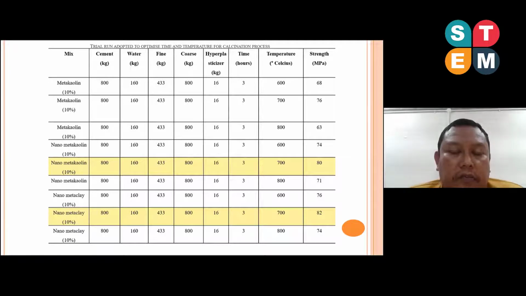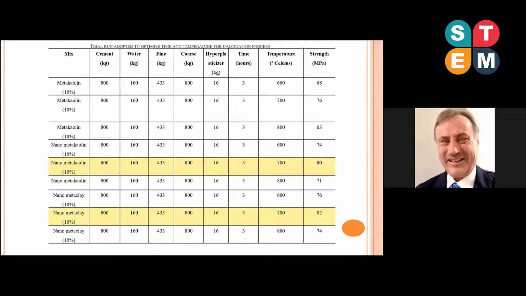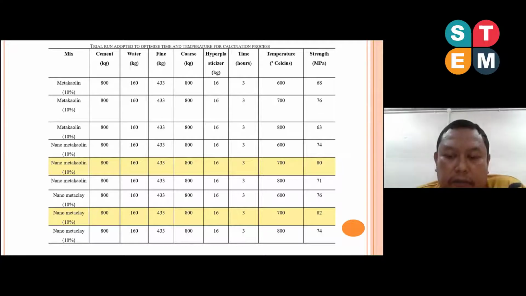So to confirm that particular calcination process, I adopted what we call the trial run method to find the best hours and temperature to achieve the strength at 120 at 28 days. From that, the best calcination process is around 3 hours at a temperature of 700 degrees Celsius.